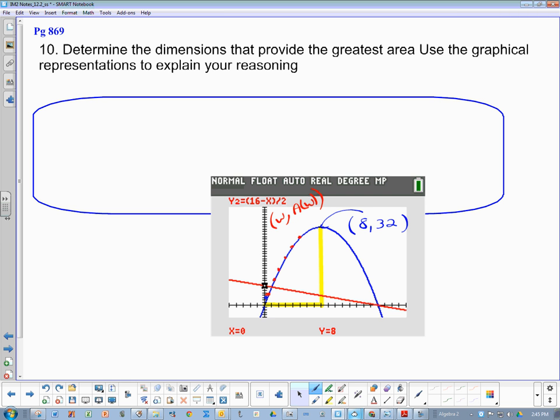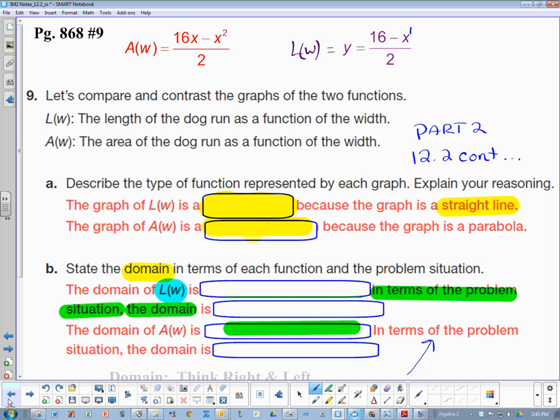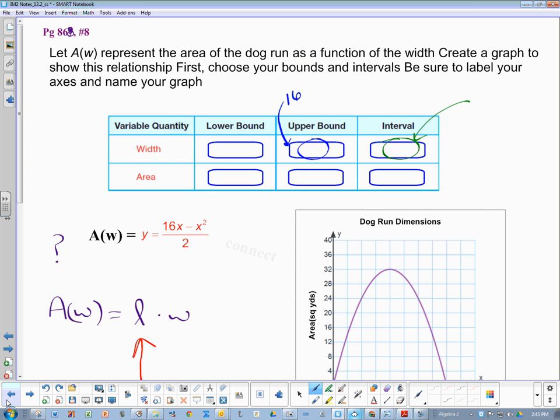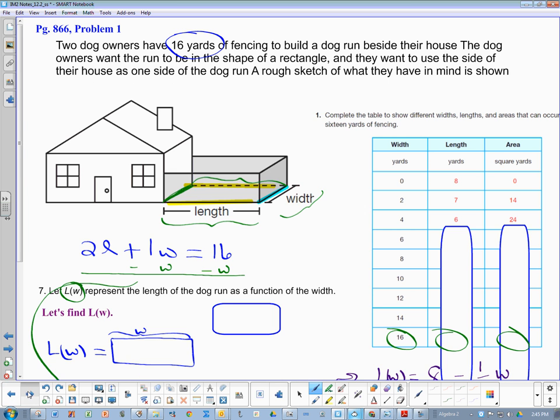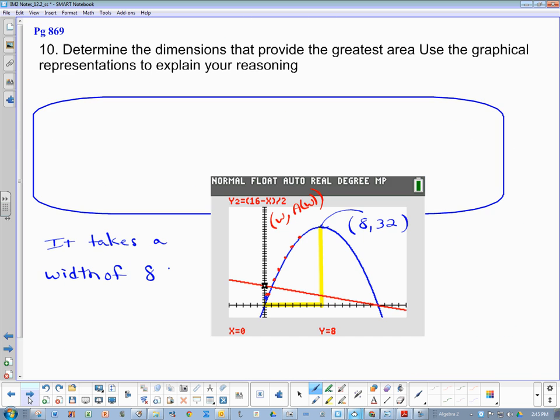So it takes a width of 8, and I believe we're working in feet. Actually, is this one in feet? All right, I believe we're working in yards.